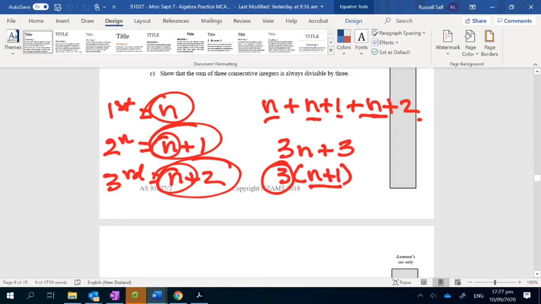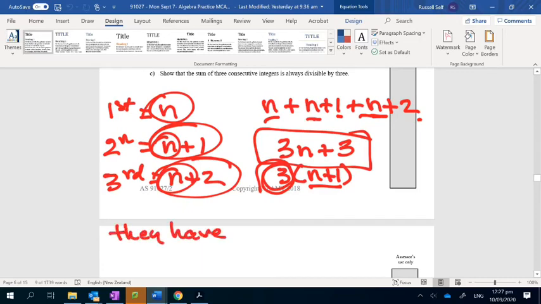Why did you put it into a bracket just now? Because I was just showing that they both would divide by 3. But you don't have to. You can leave it like that, and say they both would divide by 3. Therefore, right? What do you have to write? They have a common factor of 3.